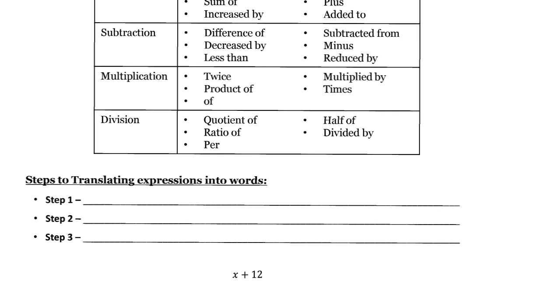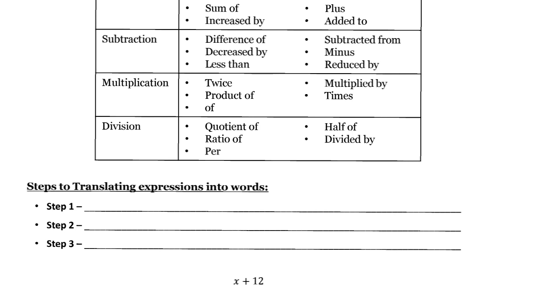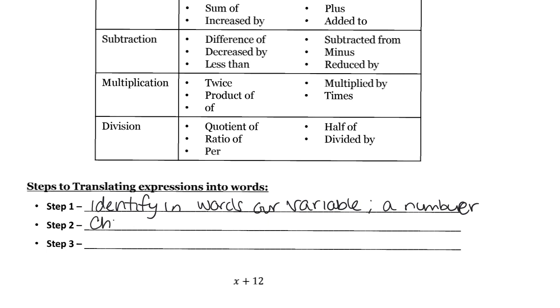So the first thing we're going to do is to identify in words our variable, such as a number or some number. And then you also want to choose your words for your operation.